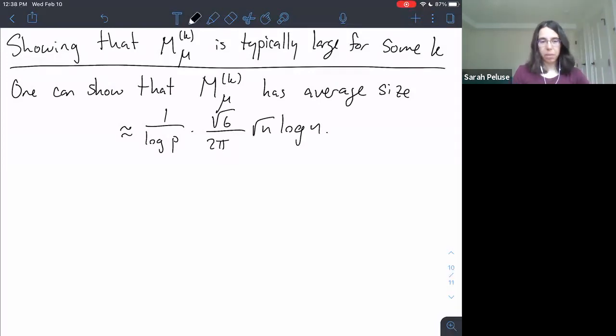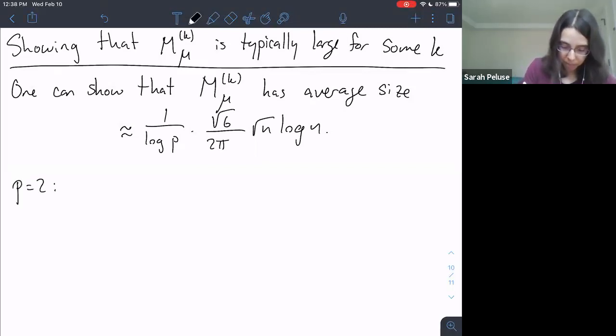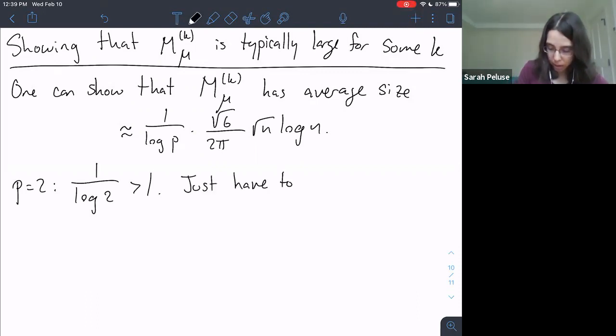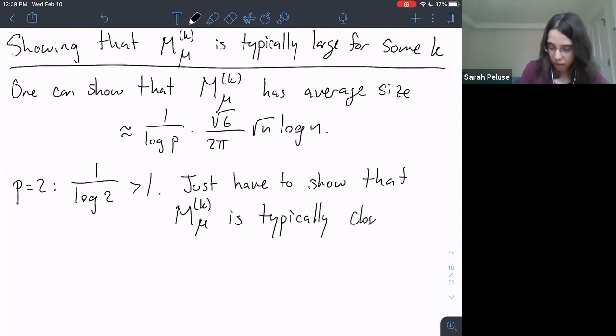The difference between p equals 2 and p greater than 2 is that 1 over log 2 is actually greater than 1. So to show that the statistic is typically large, you just have to show it is typically close to its average size.